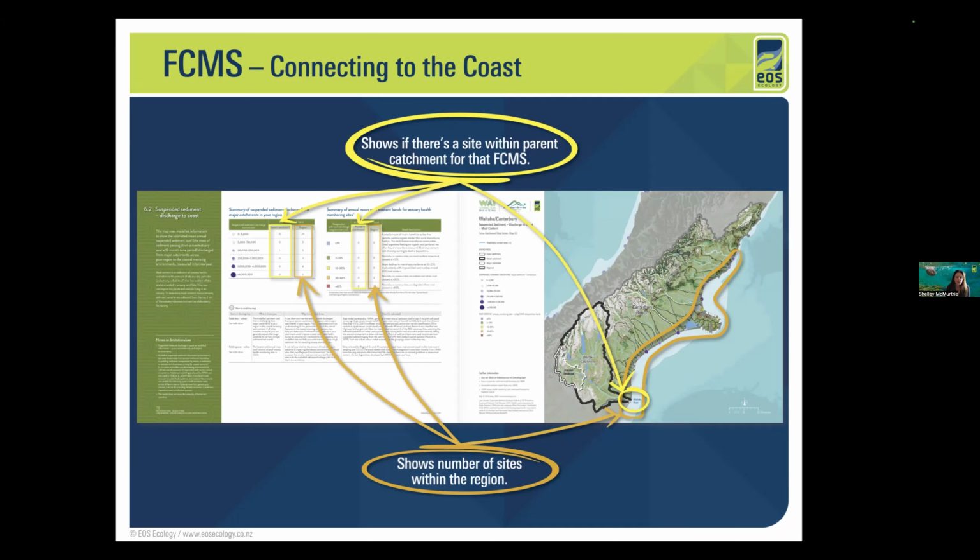And we do this at a regional scale. So all these maps will look the same for every map series that comes out of a region. The only thing that changes is where your focus catchment and your parent catchment sits on the map. That just allows the corridor to move out into that regional context scale. So how does your catchment fare on a regional level in terms of the discharges going out into the coast?